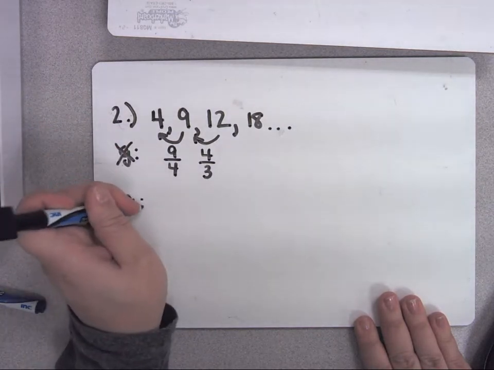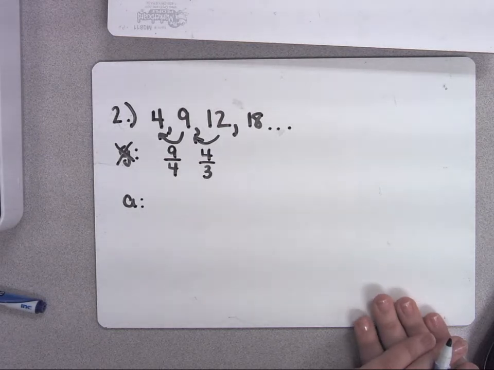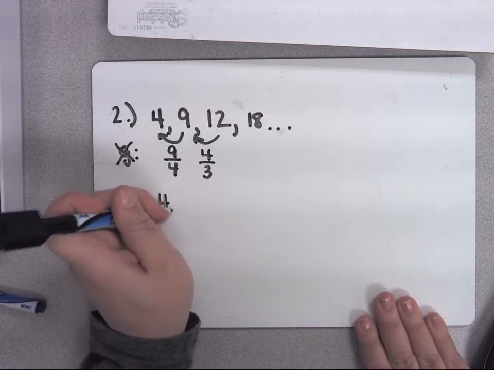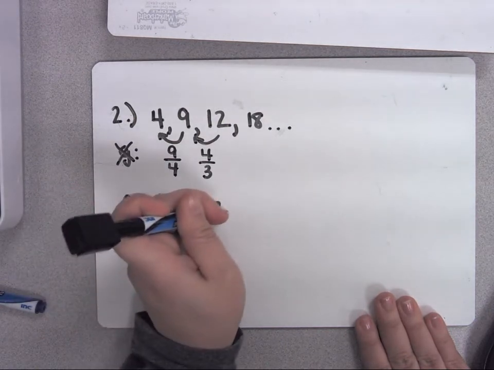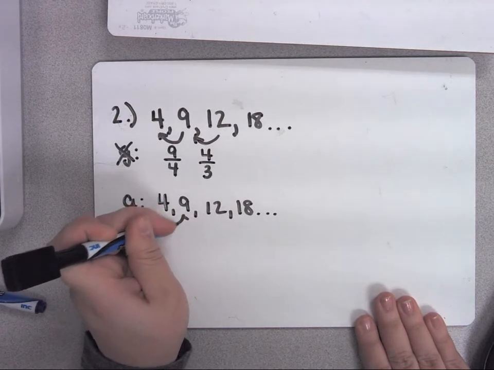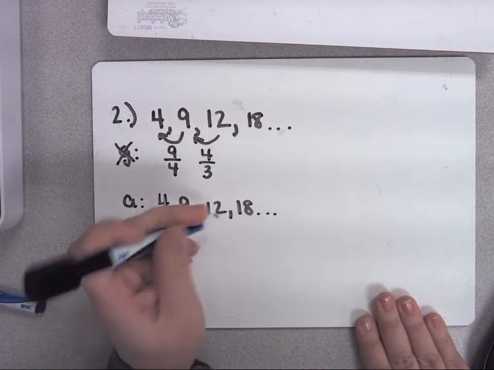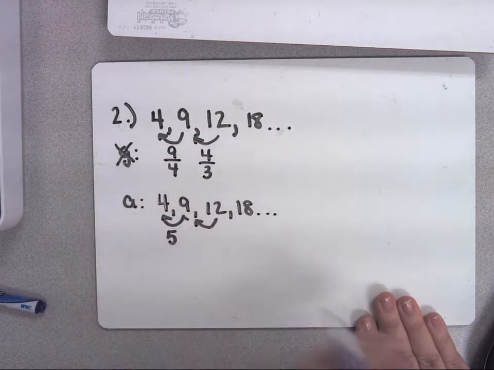Now I'm going to try arithmetic. Arithmetic uses addition, so what's the opposite of addition? Subtract them. If you need to write them again, you can, so you can see your numbers. Do 9 minus 4. What do we have left over? Now do 12 minus 9.